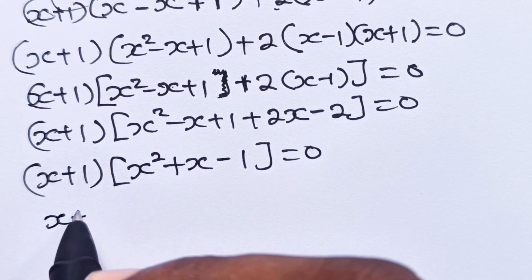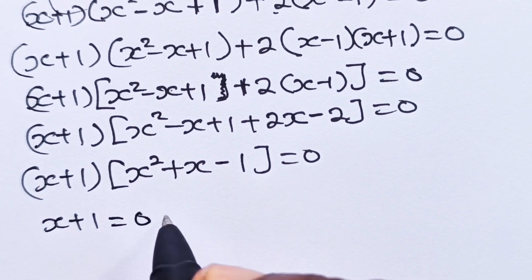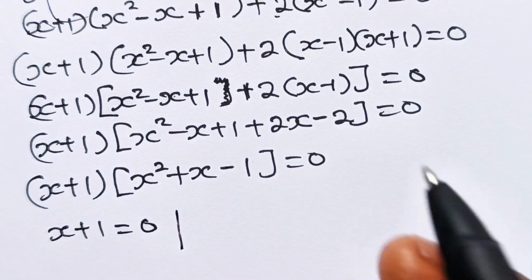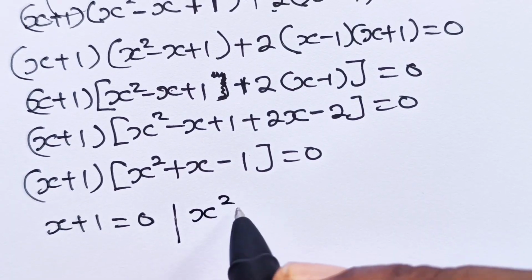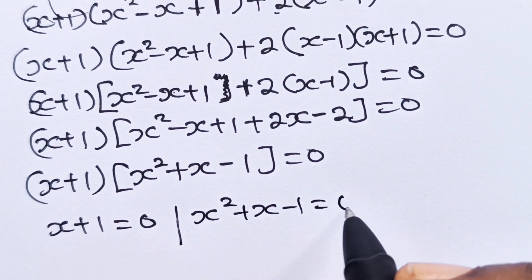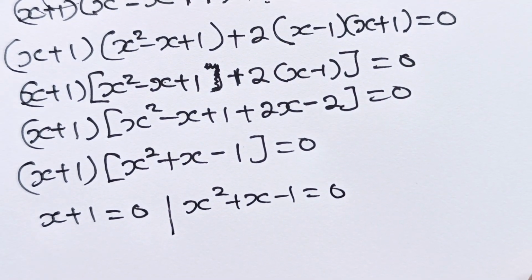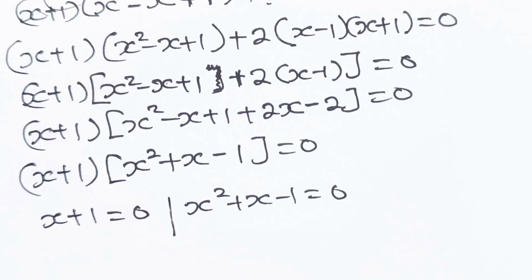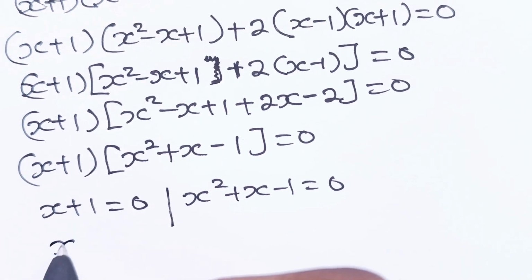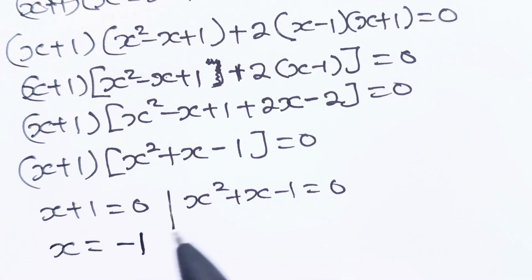So from here again, x plus 1 is equal to 0. And this is getting darker. x squared plus x minus 1 is 0. So if we solve further, we can say that x is equal to minus 1.